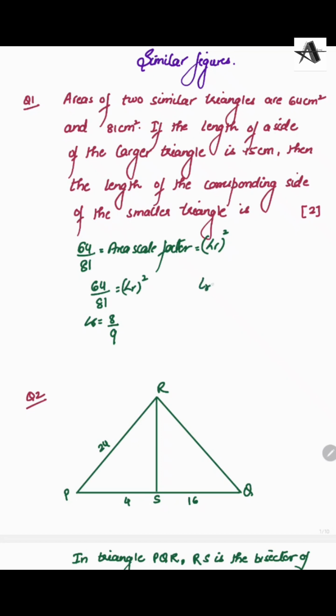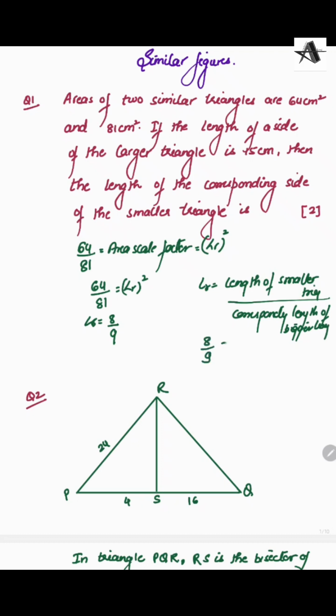From here, I can clearly understand that the length of the smaller triangle, because 8 is a smaller value and 9 is a bigger value, over the corresponding length of the bigger or larger triangle, is 8 over 9. The length of the larger triangle is given as 15, and we have to calculate the length of the corresponding side of the smaller one.